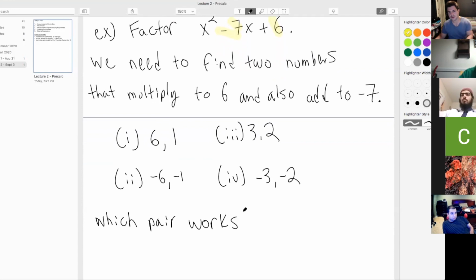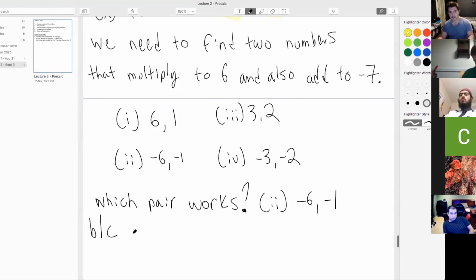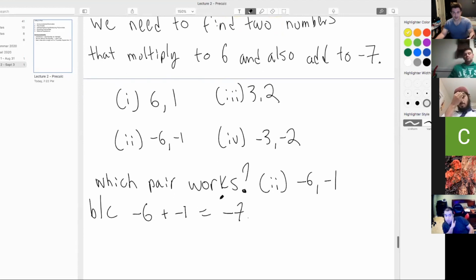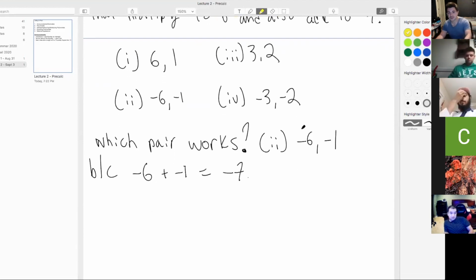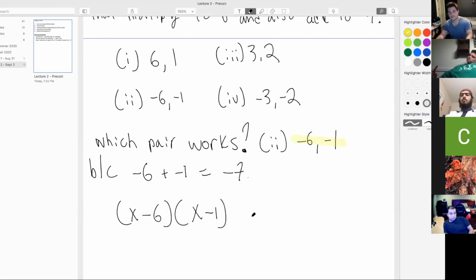It would be number 2. Exactly, choice 2, negative 6 and negative 1, because negative 6 plus negative 1 is in fact negative 7. So we're done. These are the special numbers that we put in our parentheses, negative 6 and negative 1.